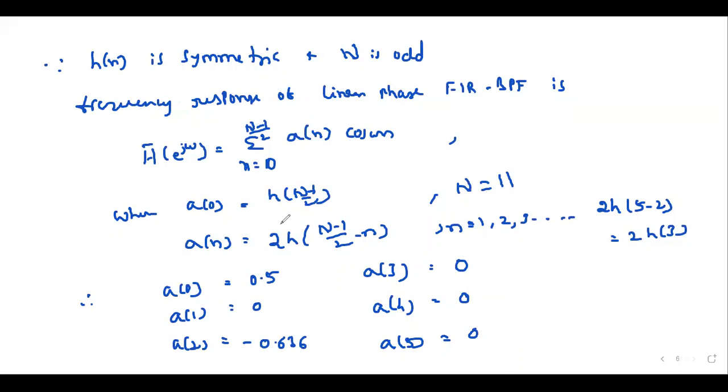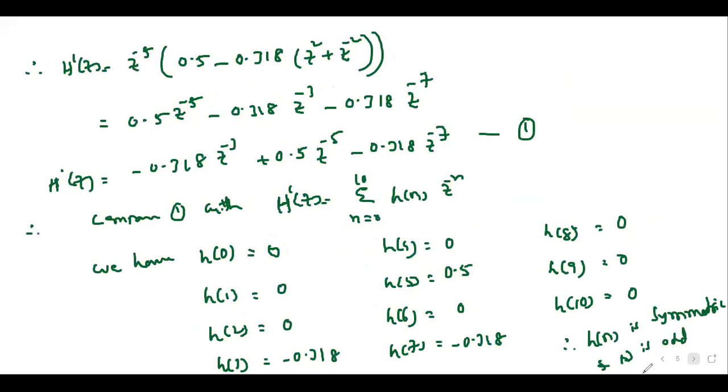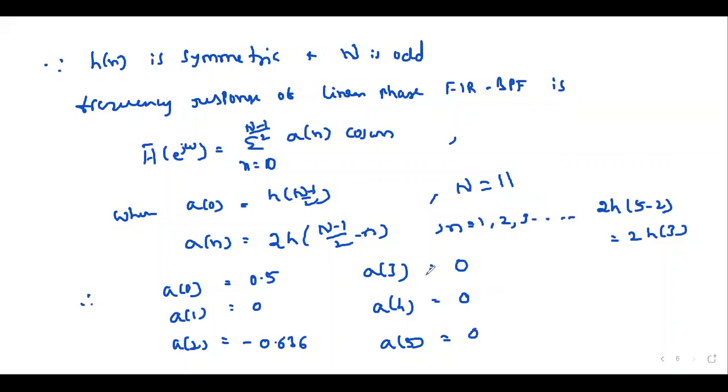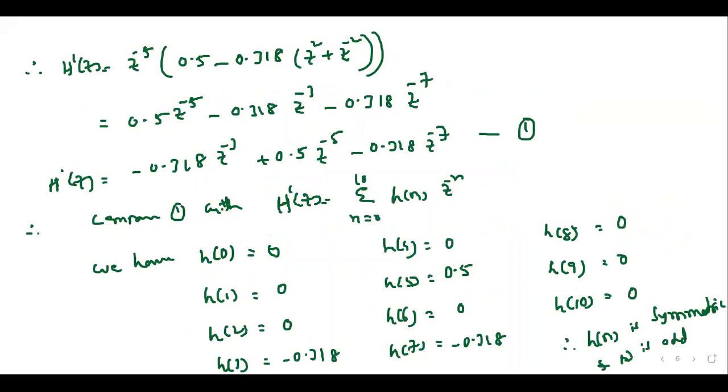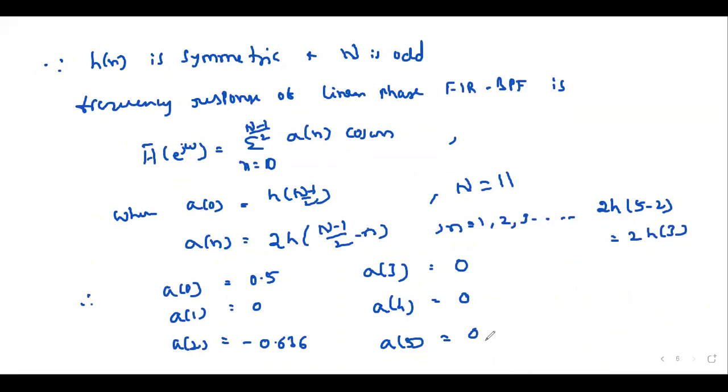Then a of 4: 5 minus 4 is 1, h of 1. H of 1 is here, it is 0. So 0. Then a of 5: 5 minus 5, h of 0. What is h of 0? 0 only. Anybody got different answers? Please cross-check this and confirm.